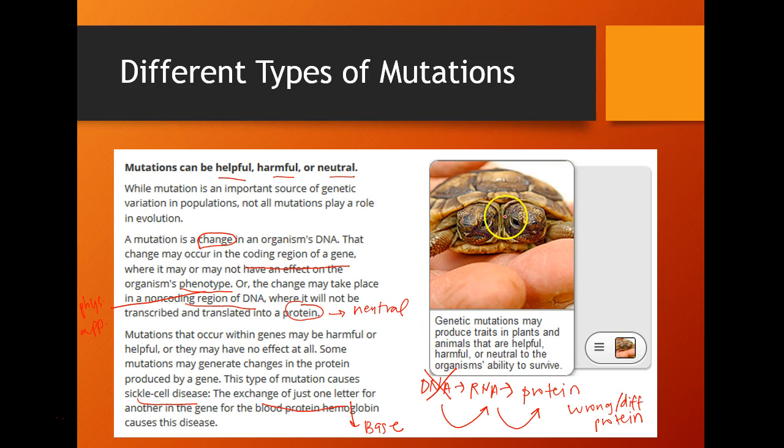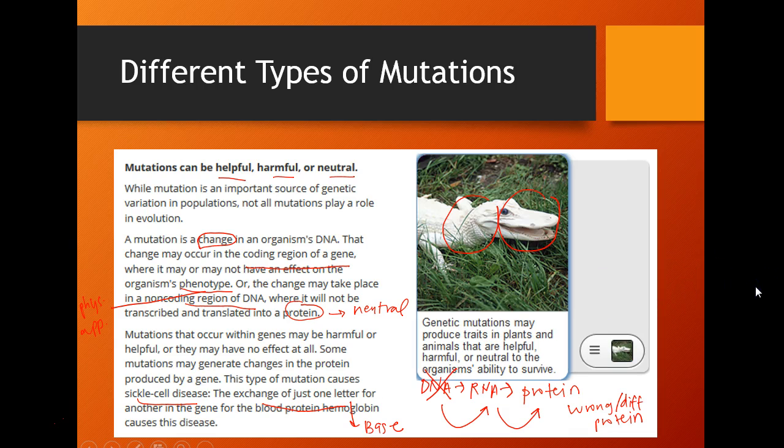Again, we see here, this turtle has obviously a mutation that causes there to be two heads instead of just one. Here we see an alligator, and this alligator does not have any color. So this could be a harmful mutation because it's unable to camouflage.